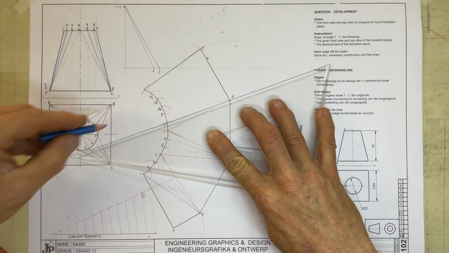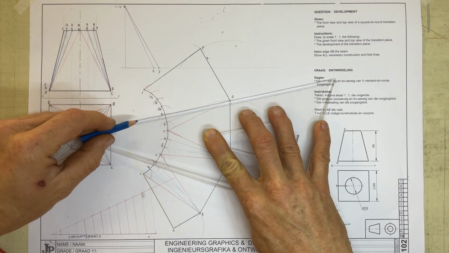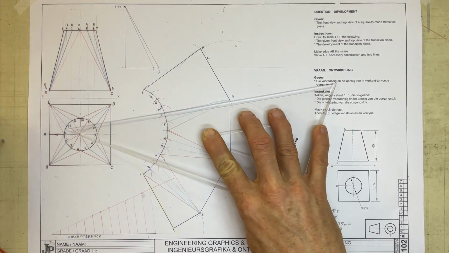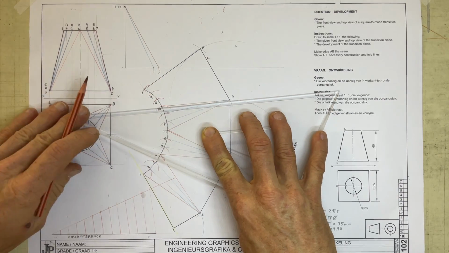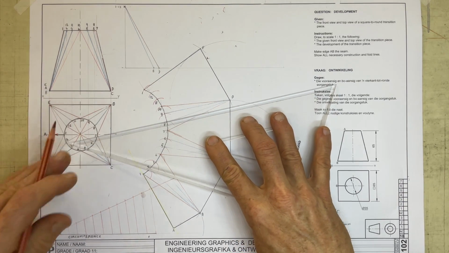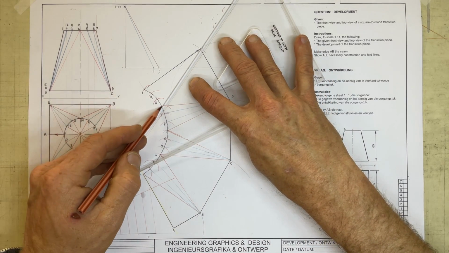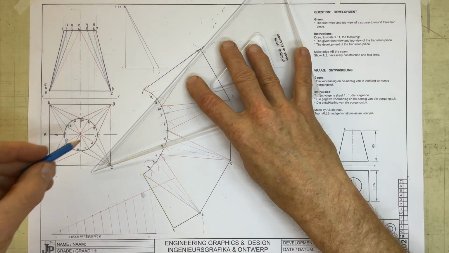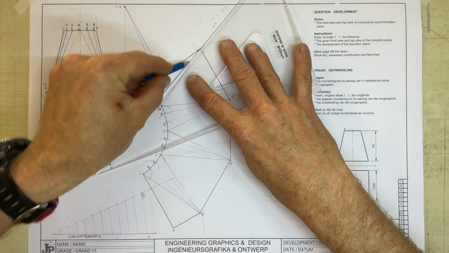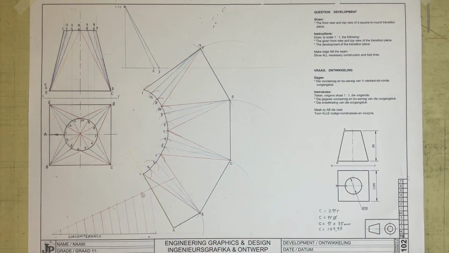Oops, let's just get my game together here. A blue line going to there, a blue line going to there, and an orange line going to there. All right, and then an orange line going from there to there, and then a blue line going from there to there, and there to there, and there we go. That's our job done.